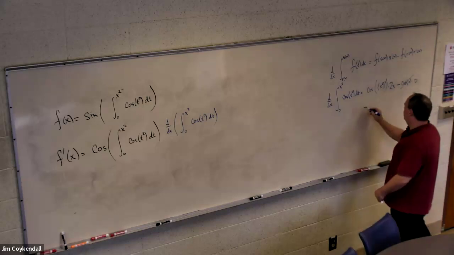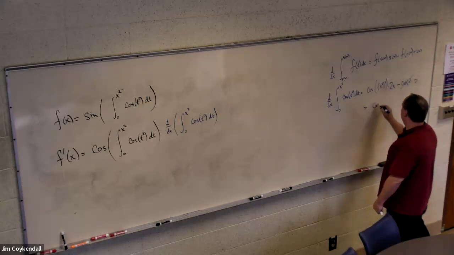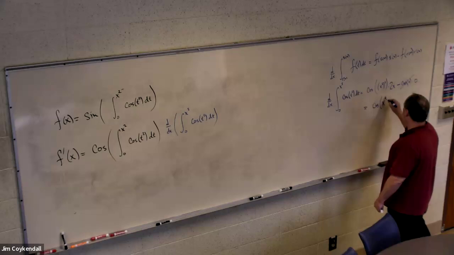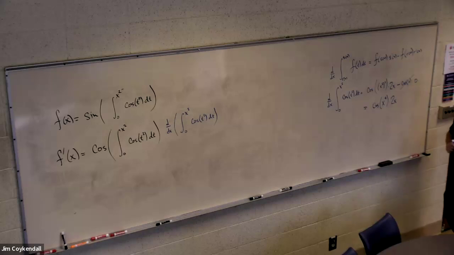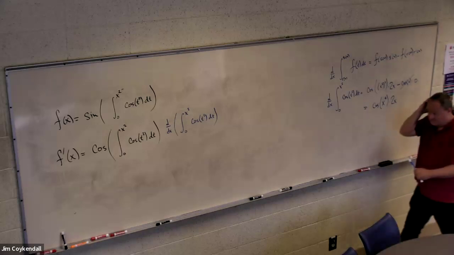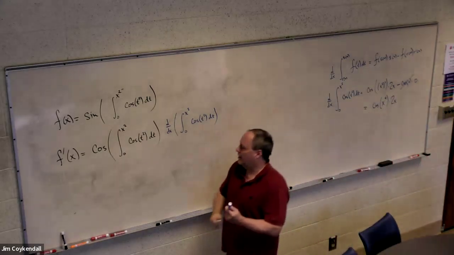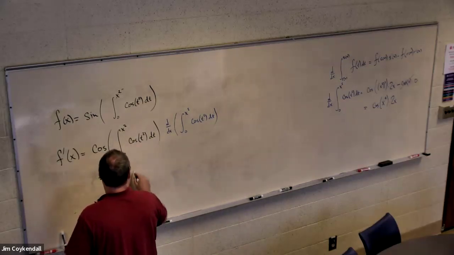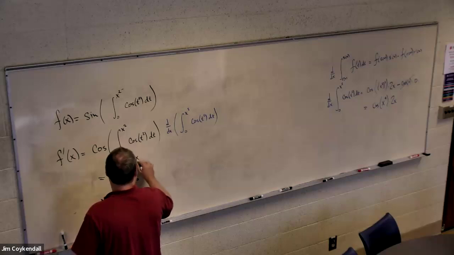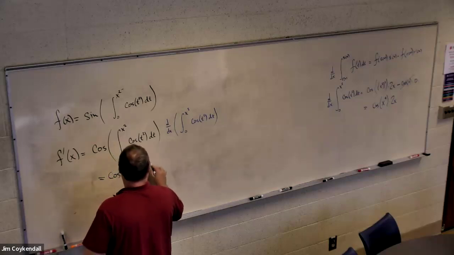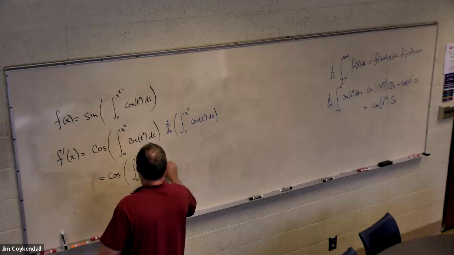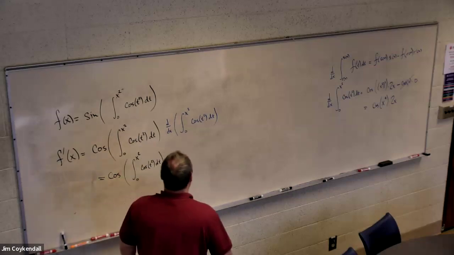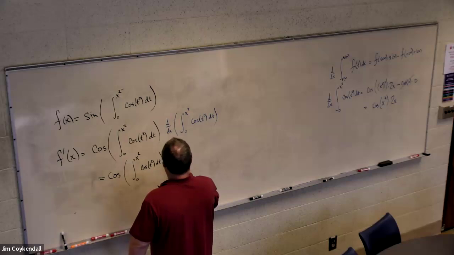So at the end of the day, what you get is cosine of x to the 4 times 2x. So this becomes cosine of the integral from 0 to x squared of cosine t squared dt, times cosine x to the 4, times 2x.